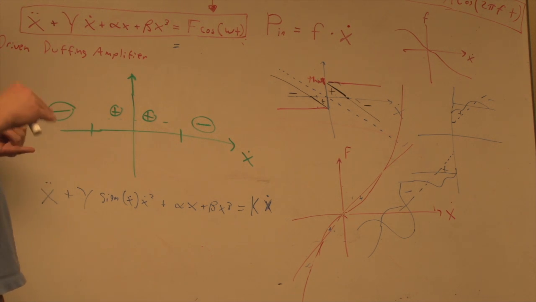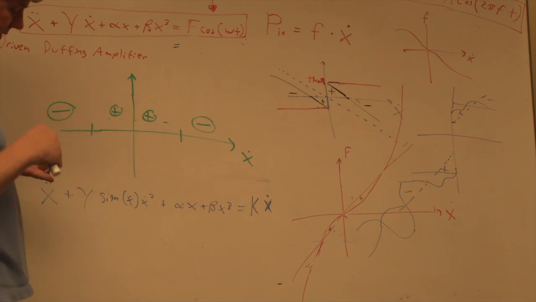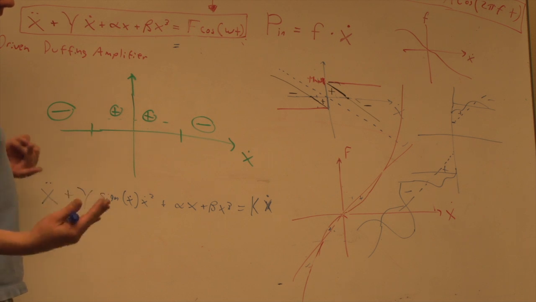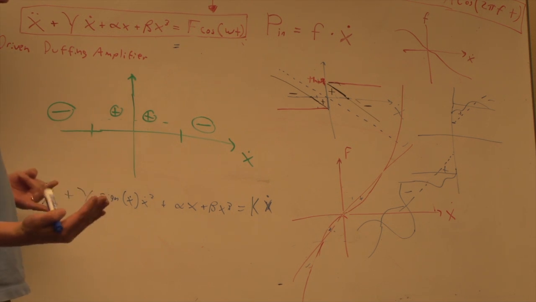If you want a nonlinear oscillator that increases in amplitude with increasing frequency, which is what animals do when they're running. As they run faster, their stride length both goes up in frequency and in length. So that's kind of what we want.